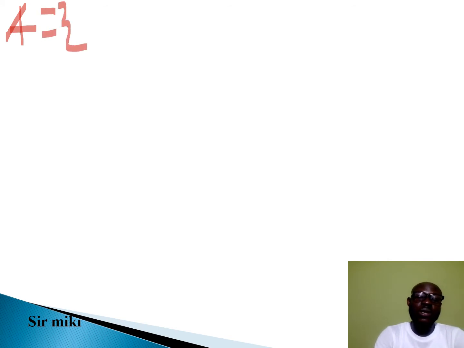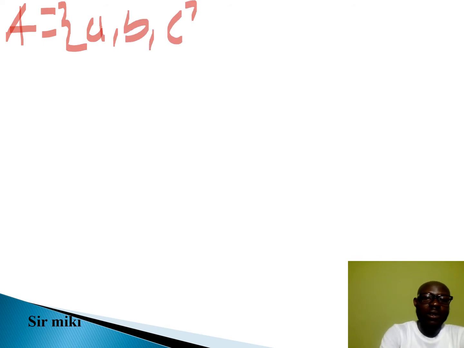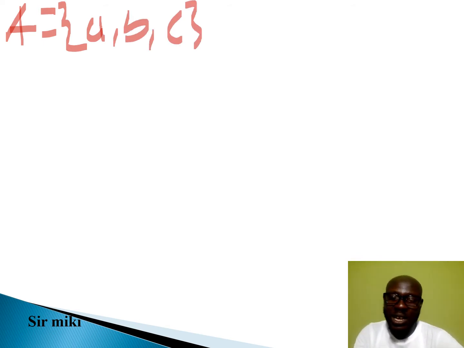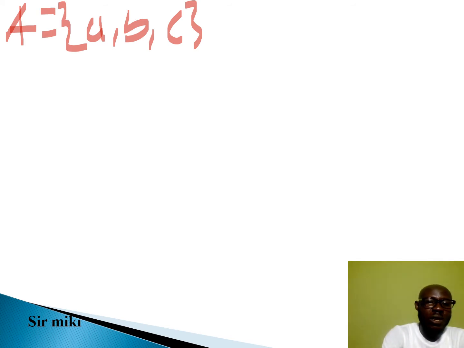Now let's take the first question. We said set A is the first 3 letters in the English alphabet. So our set A will give us A equals curly brackets A, B, C. These are the elements of set A. Now let's look at the number of subsets of set A. We said that the number of subsets is given by the expression 2 raised to the power n.